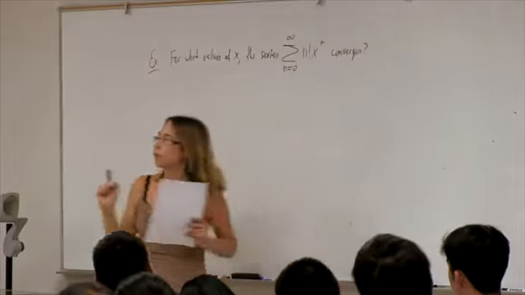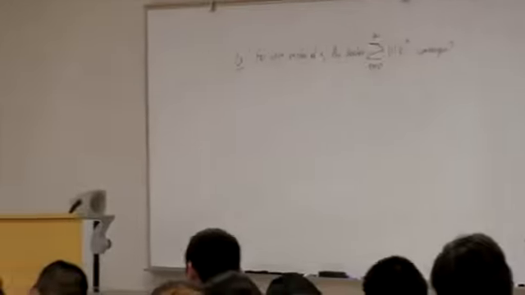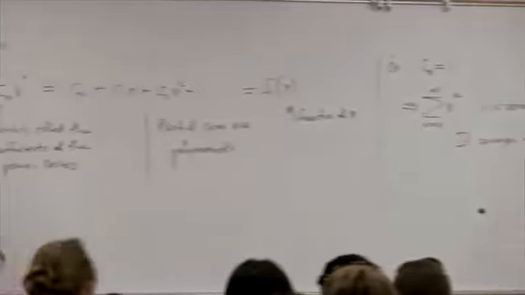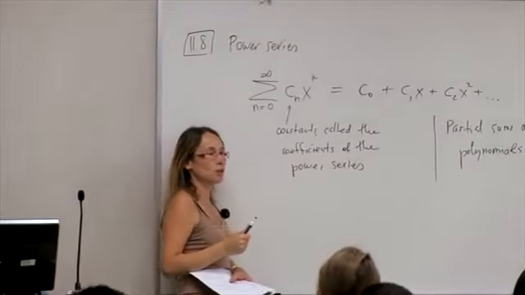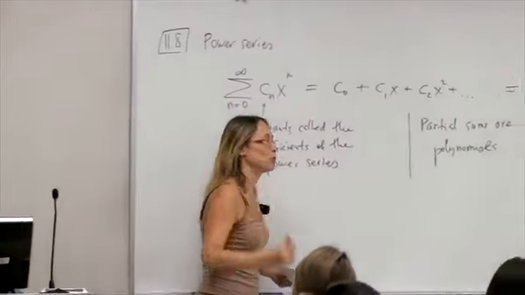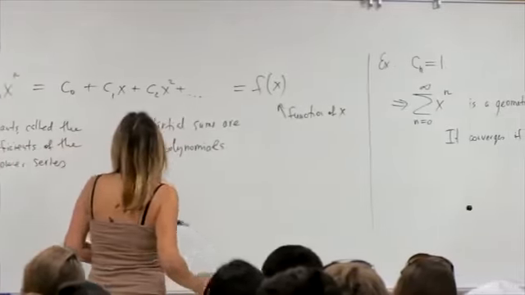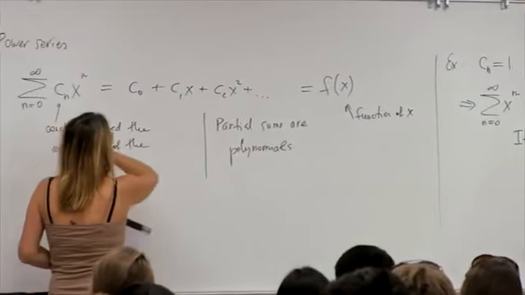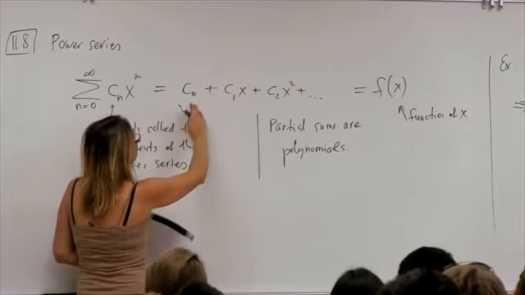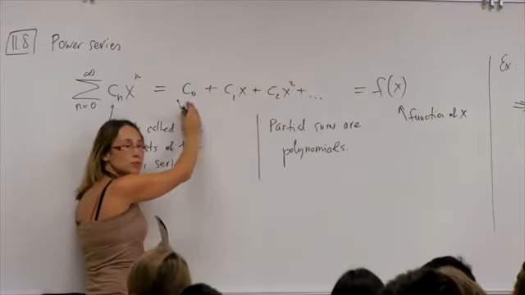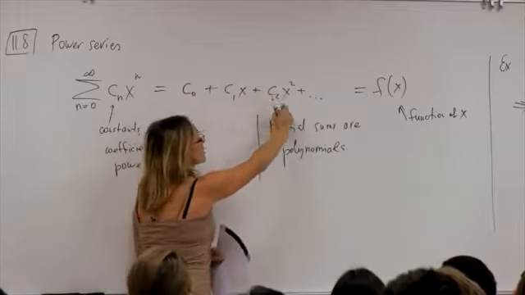Oh, one remark, going back. If you noticed, we start our summation with n equals 0, whereas before, when we looked at other types of series, we usually started with 1. This is a convention. When people talk about power series, we start with n equals 0. This way, you can see that the first term is actually a constant. And then we'll have the first power of x second, and so on.